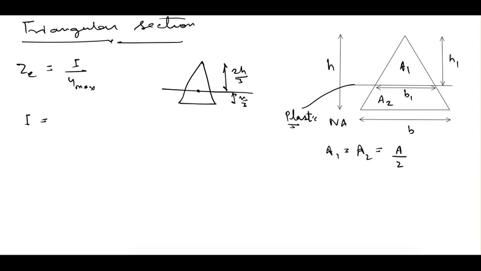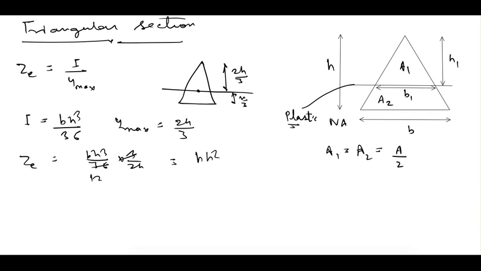So this value is equal to bh cube by 36 and y max is equal to 2h by 3. So Z elastic is equal to bh cube by 36 into 3 upon 2h, that is equal to bh square by 24.